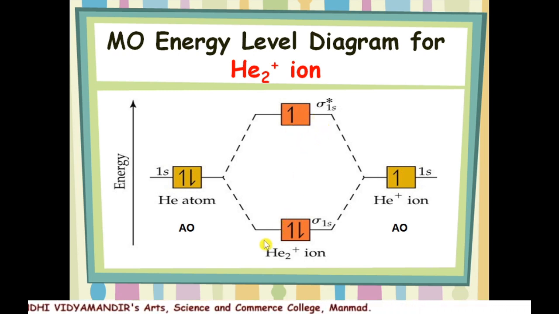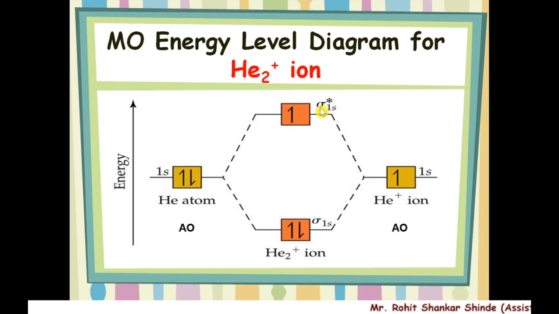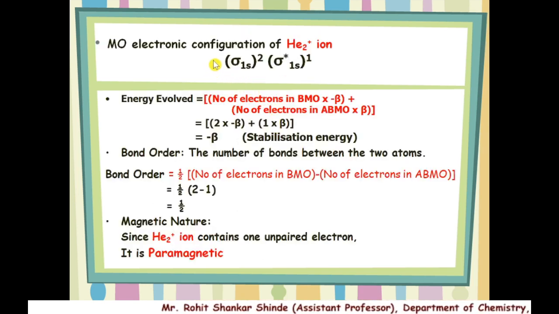We can easily predict the molecular orbital electronic configuration for this molecule. Since sigma 1s consists of 2 electrons and sigma star 1s possesses 1 electron, we can write its molecular orbital electronic configuration as sigma 1s2, sigma star 1s1. So this is the molecular orbital electronic configuration of He2 plus ion.